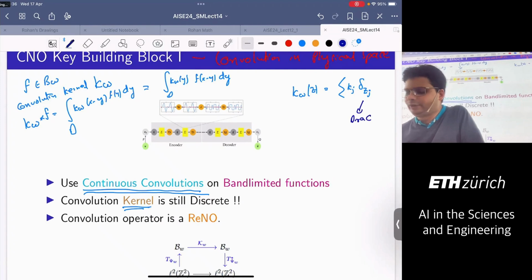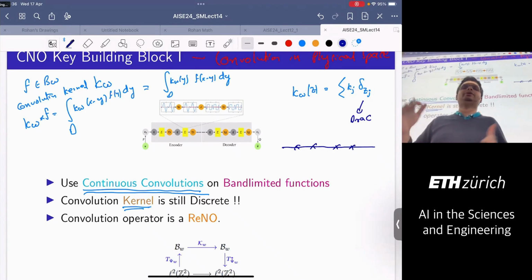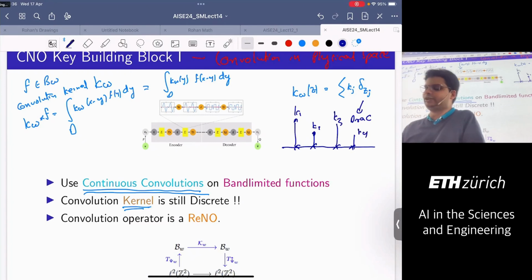So in other words, if you have a picture, you pick some points. These are generally points on a grid, because remember that we have band-limited functions, so we have points on a uniform grid. And then essentially what you do is that you have different values at these points, some k1, k2, k3, k4, something like this. You fix the size of the kernel.